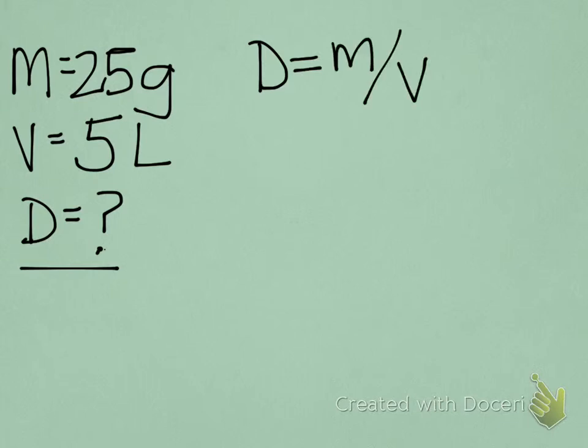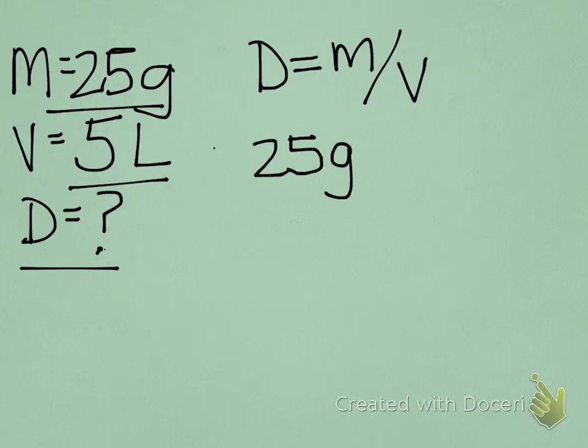Density equals mass over volume. Then plug those values into that equation. So my mass is 25 grams, units, units, units. Volume is 5 liters, and that equals my density.